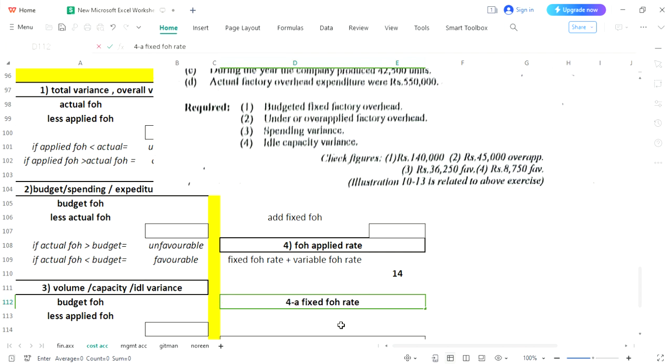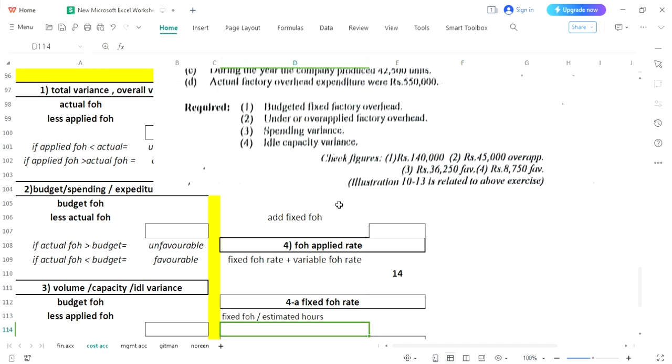For that you needed fixed FH divided by estimated hours. So this was the way to calculate your fixed FH rate. But now something else is happening over here.